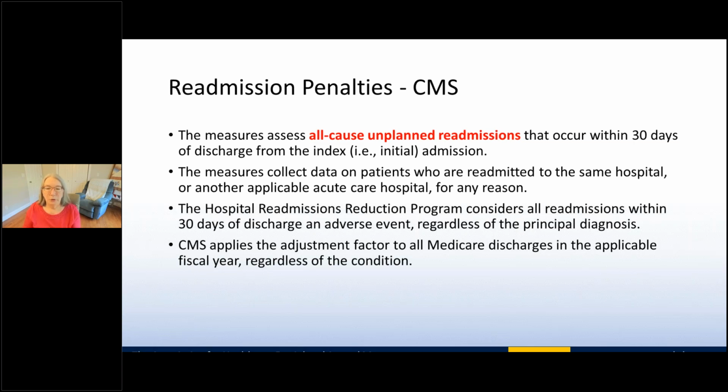If the initial admission was one of those 6, and then there's an unplanned readmission within 30 days, regardless of why they came back, whether it's a totally unrelated condition or diagnosis, that goes in the bucket and it gets counted. Then they come up with an adjustment factor, and they apply that to all of your cases for the next year. Once they post that, I think there's a 30-day period where you can contest it if you think they've calculated it incorrectly.